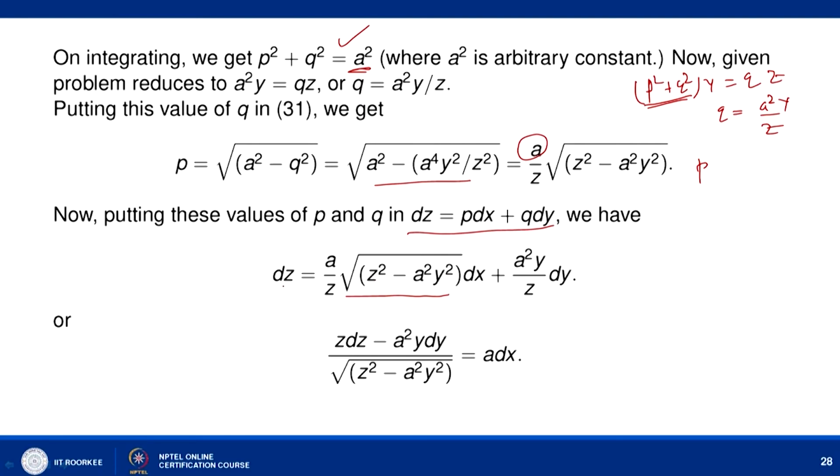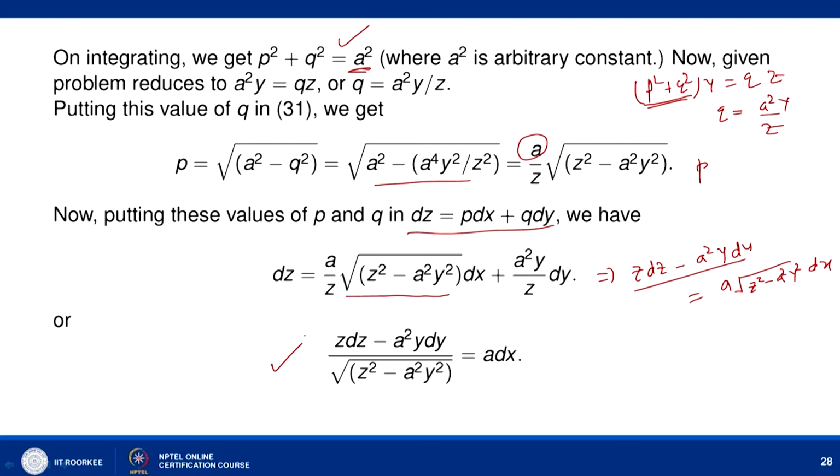So multiply both sides by z, and what you get is z dz − a²y dy = a √(z² − a²y²) dx. And now you get the idea. You divide by this square root of (z² − a²y²), and you write (z dz − a²y dy)/√(z² − a²y²) = a dx.